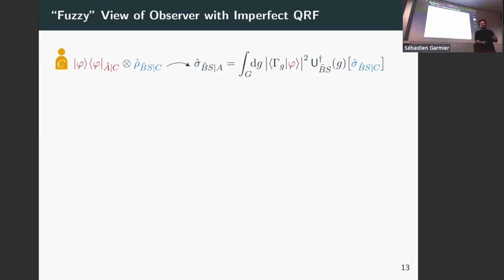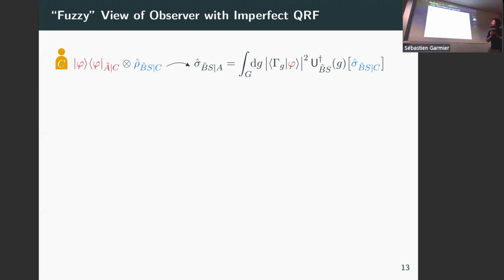So I just remove Alice's part. Yes? This is now a state for Alice in her imperfect frame. Yes, so this is the state that Alice attributes to Bob's imperfect frame, the system, but seen from her imperfect frame. So this is the answer to the question, essentially. This is what she sees.